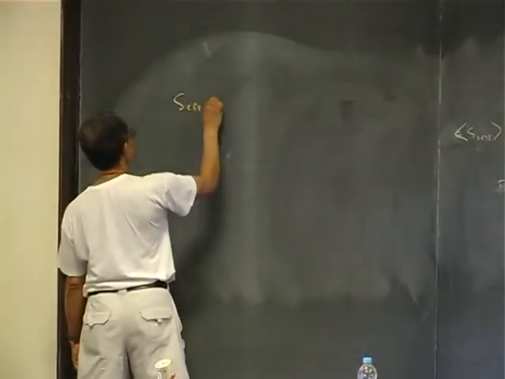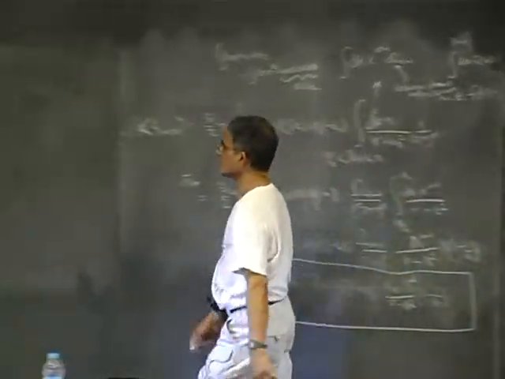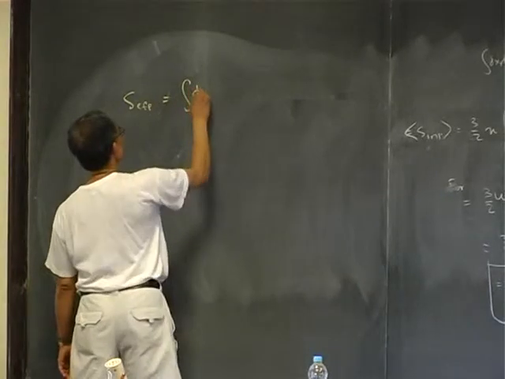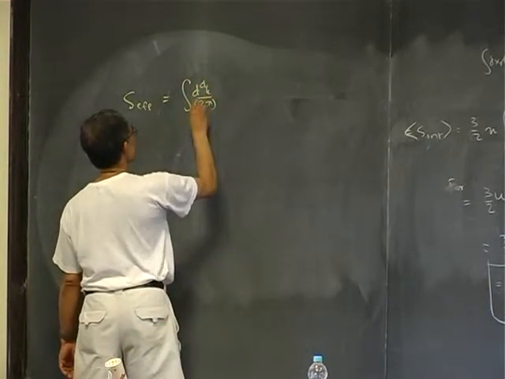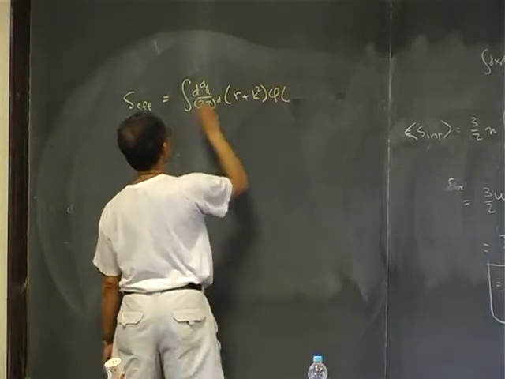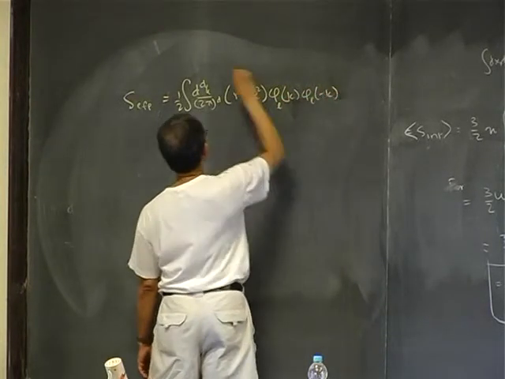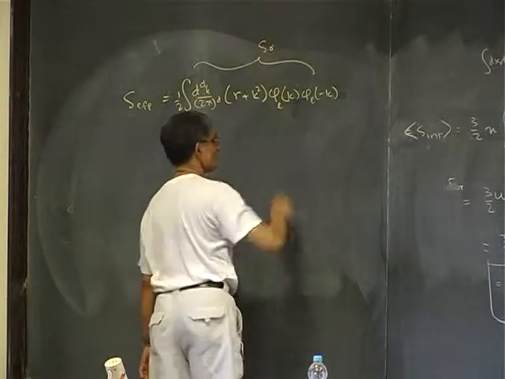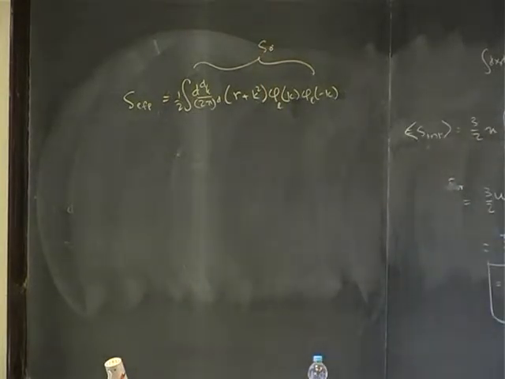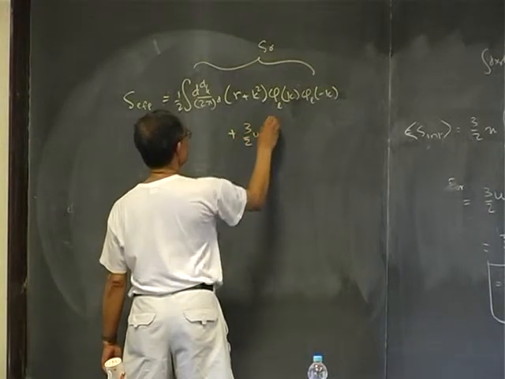S effective is, I'll write down everything in gory detail now. S0 of phi L was an integral, this was a half phi L of k, phi L of minus k. This was S0, and then there was minus the log, which is just S int, and then plus 3 by 2 u.